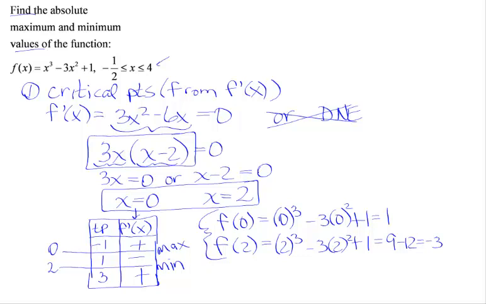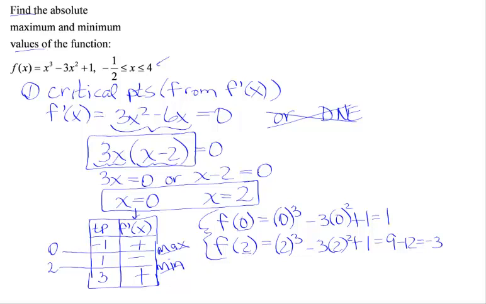Am I done? Because I have a max at x equals 0 and a min at x equals 2, does that mean that I get to start using words down here that say the function f has an absolute maximum of 1 and an absolute minimum of -3?